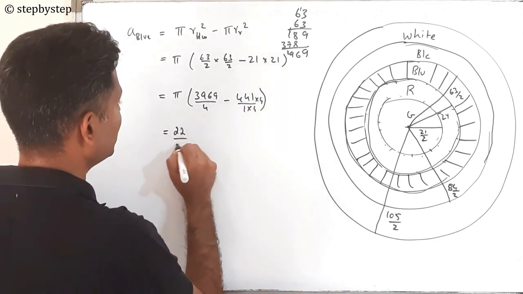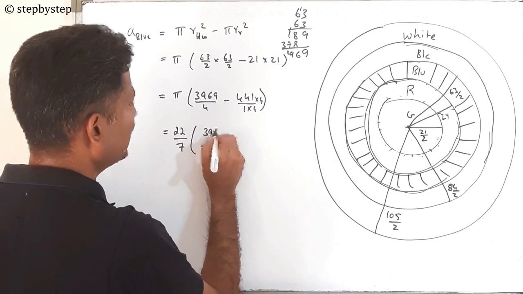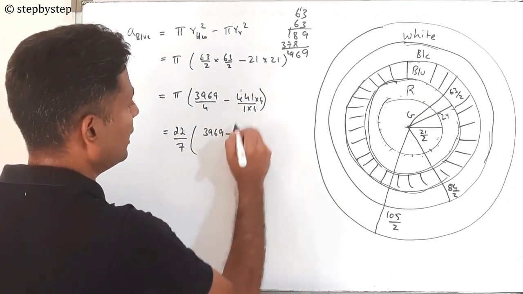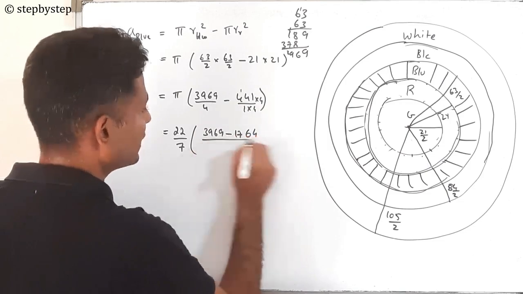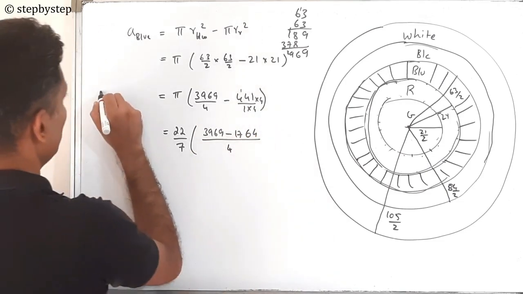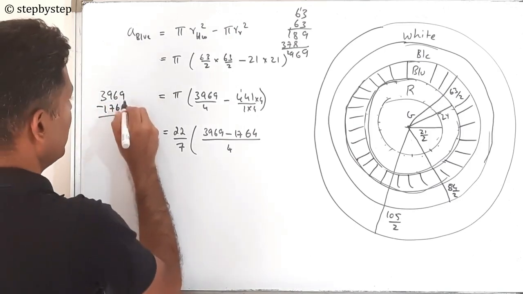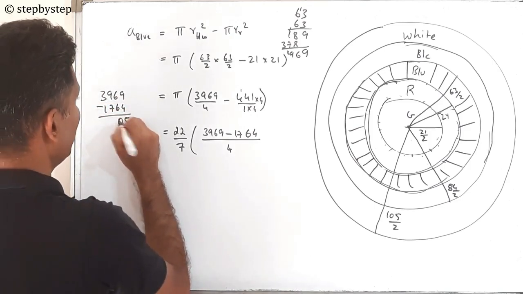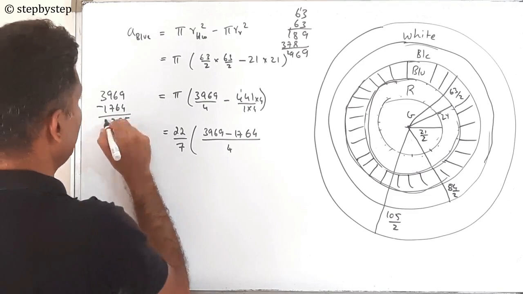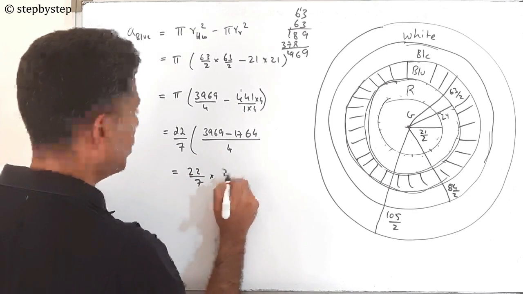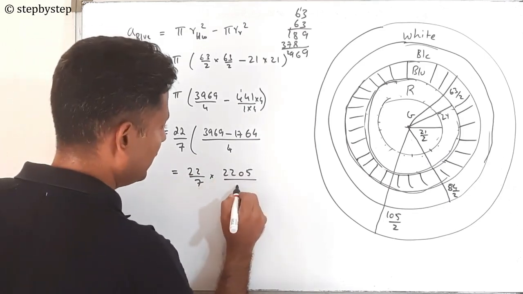So I get 22 by 7 into 3969 minus 441 into 4, that is 1764 by 4. So 3969 minus 1764 is 2205. So I get 22 by 7 into 2205 by 4.